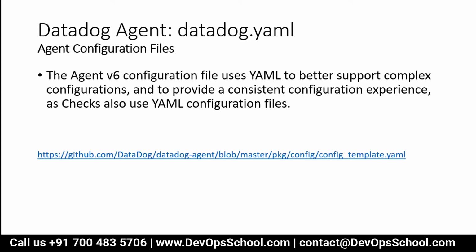Everything you can get done through the datadog.yaml. So in short, the configuration file uses YAML to better support complex configuration and provide a consistent configuration experience. Checks also use YAML configuration files.